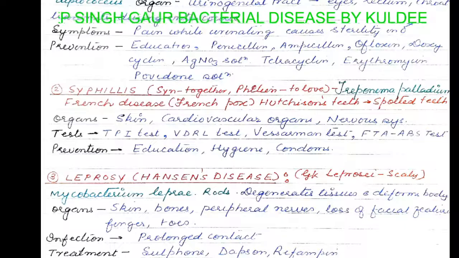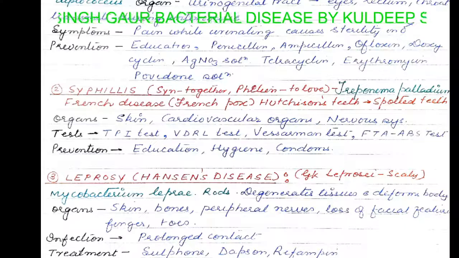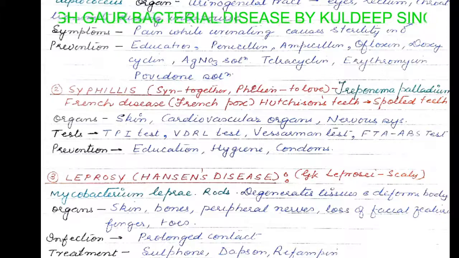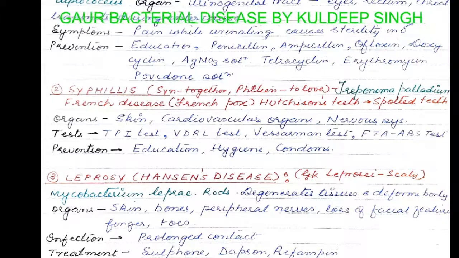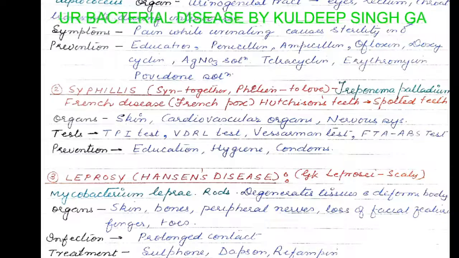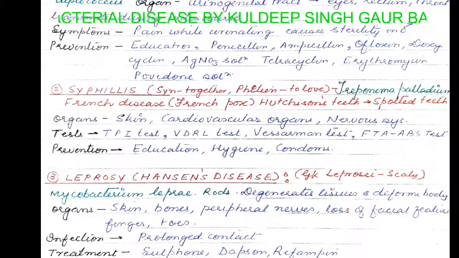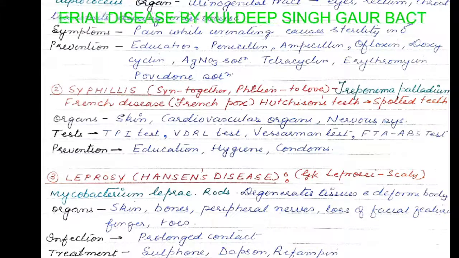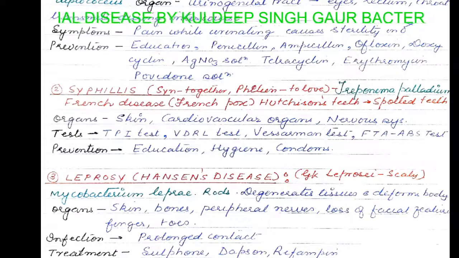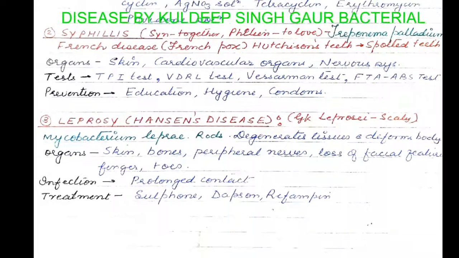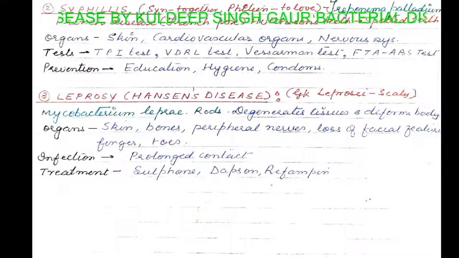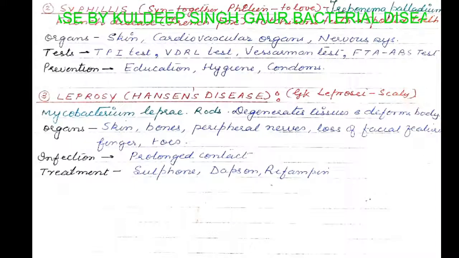Organs affected are skin, cardiovascular organs, and nervous system. We have the VDRL test, the Wassermann test, FTA-ABS test, TPI test, and it is prevented by education, hygiene, and putting on condoms while having intercourse with unknown partners.